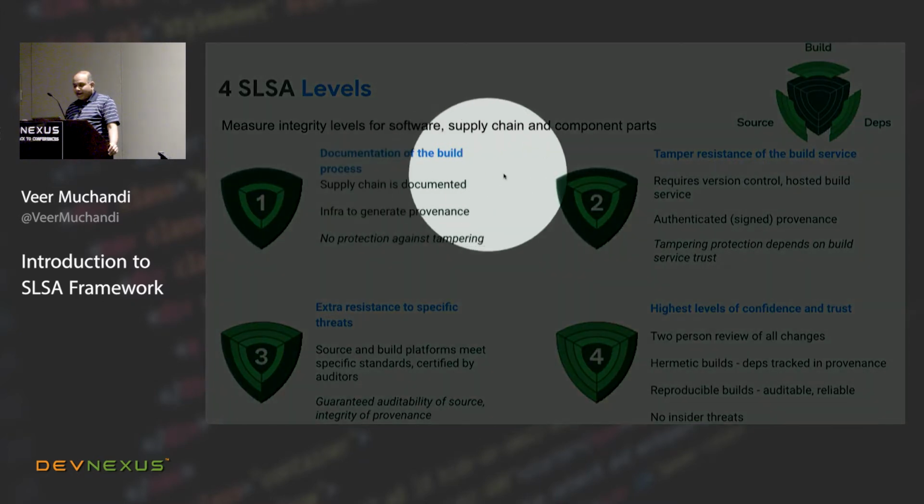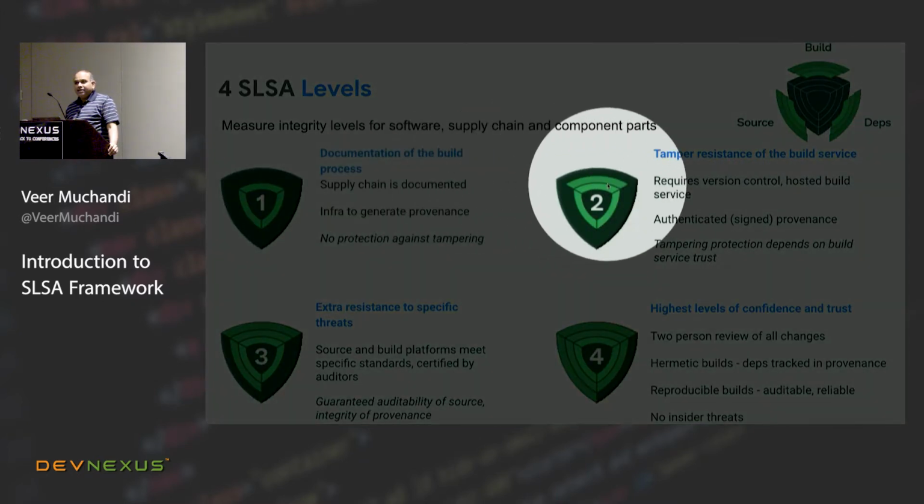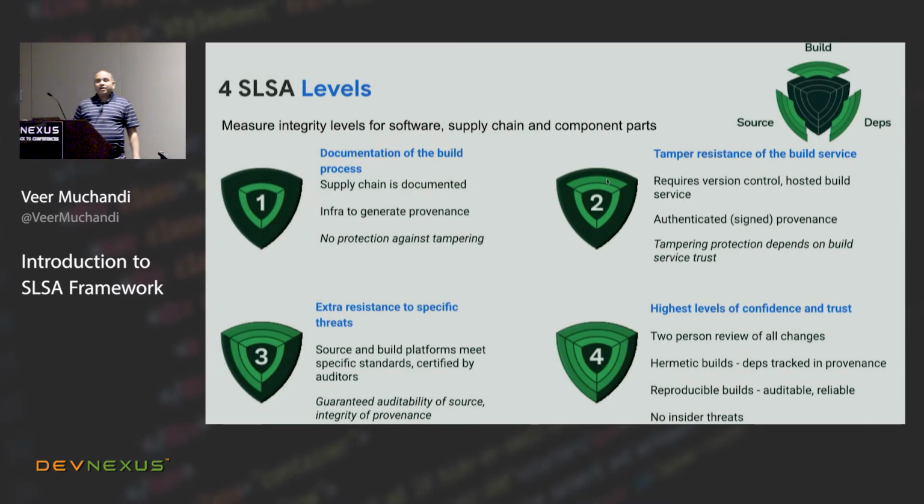Let's look at level 2. In level 2, we are adding build integrity a little bit. Okay? Here we are adding tamper resistance to the build service. How do we do that? We authenticate provenance. That means if somebody is saying that this source code is coming from so and so place, you are actually signing that.